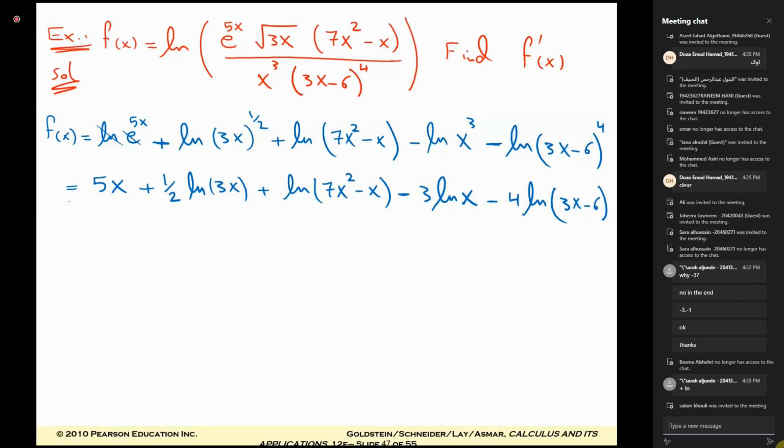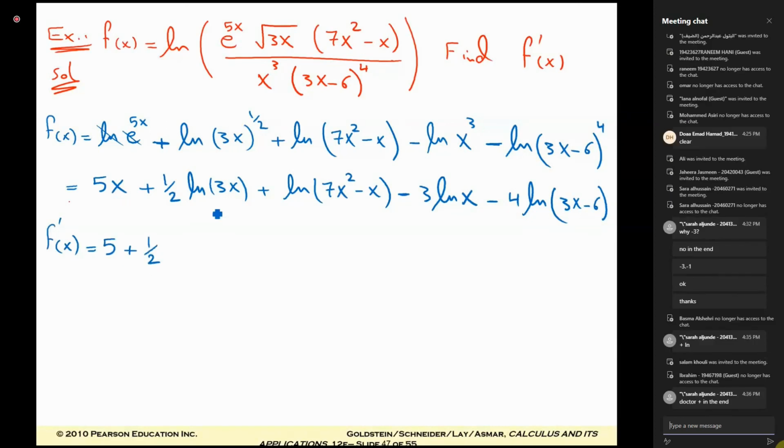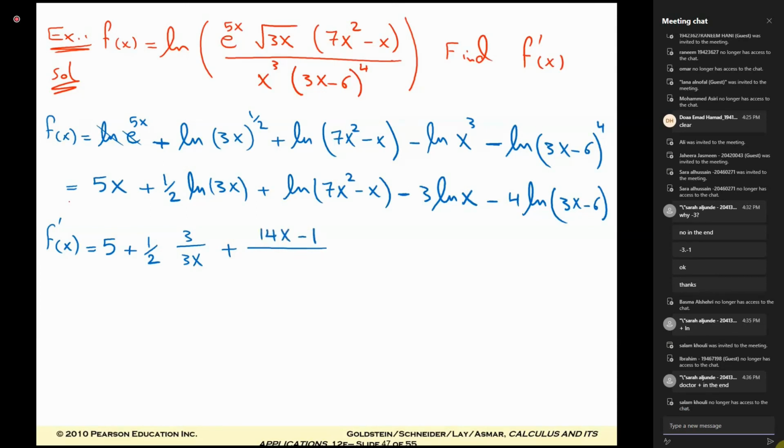Now, after distributing and putting the exponent outside the ln, we can find the derivative. What's the derivative of 5x? 5. What's the derivative of ln 3x? 3 over 3x, like this. Plus what's the derivative of ln of 7x square minus x? This is 14x minus 1 over 7x square minus x.